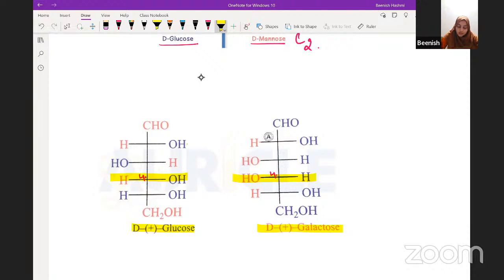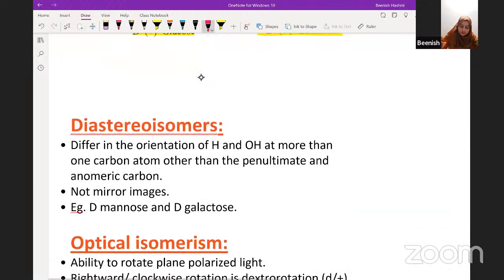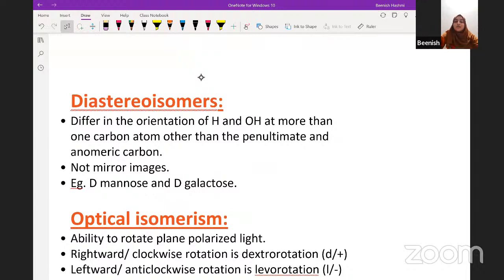In glucose, the hydroxyl is on the right, and in galactose, the hydroxyl is on the left, whereas at other carbons, the orientation is exactly the same. So epimers are when there is a difference in orientation of hydroxyl and hydrogen only at a single carbon. Whereas diastereomers differ in orientation of hydroxyl and hydrogen at more than one carbon.